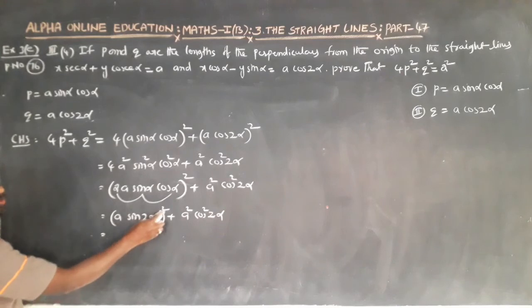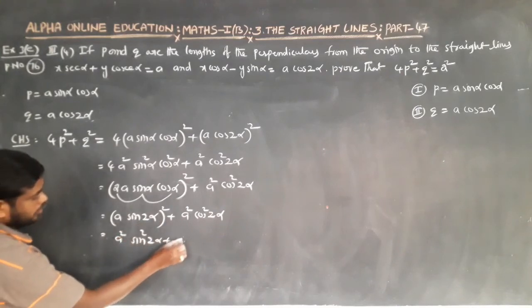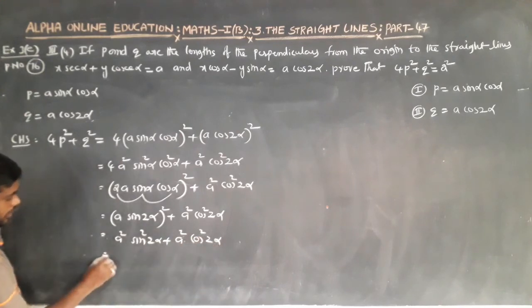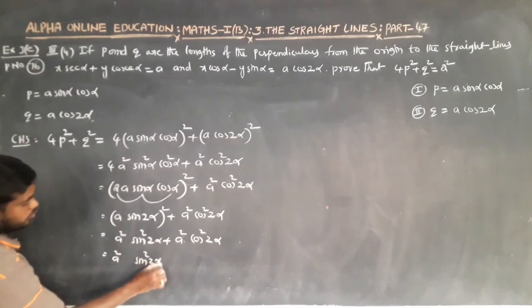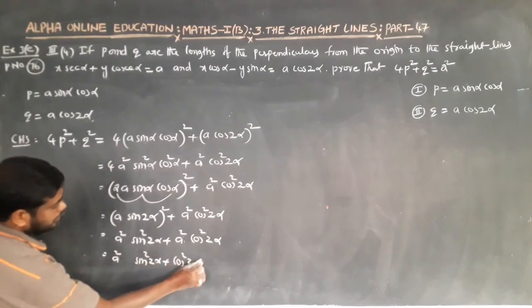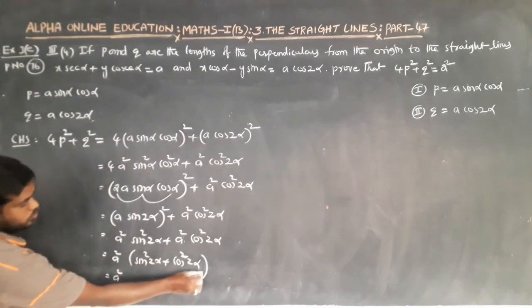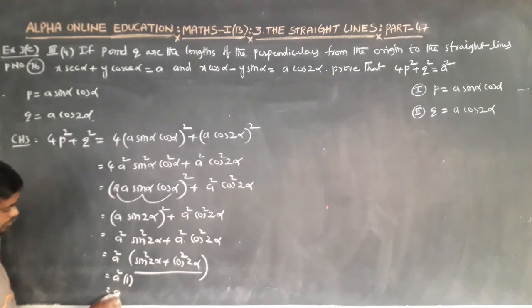(a sin 2 alpha) whole square means a square sin square 2 alpha, plus a square cos square 2 alpha. Taking a square common, a square into (sin square 2 alpha plus cos square 2 alpha). Sin square theta plus cos square theta is equal to 1.